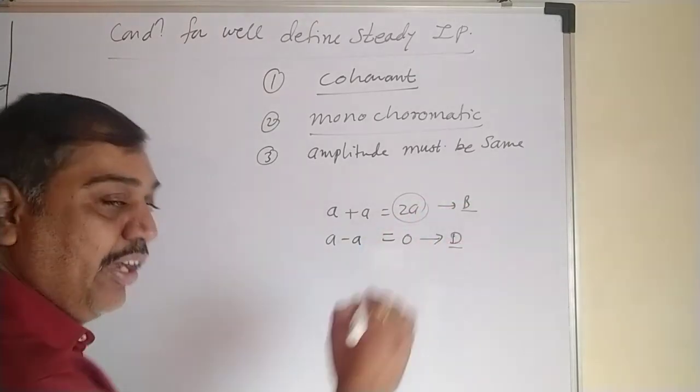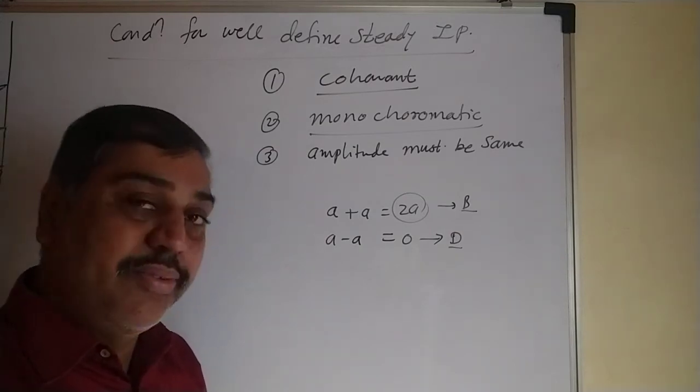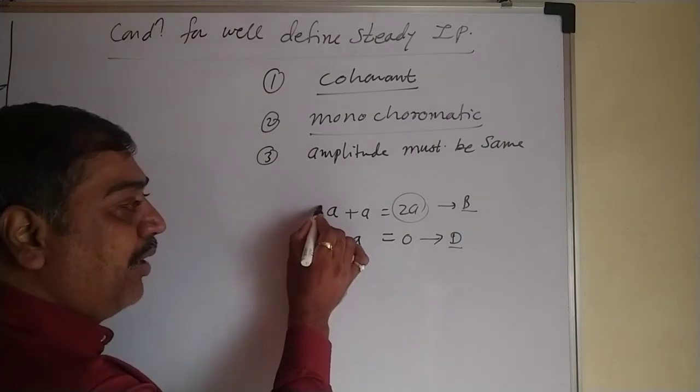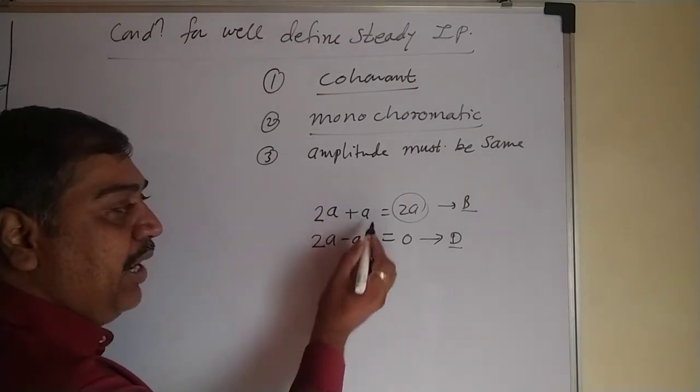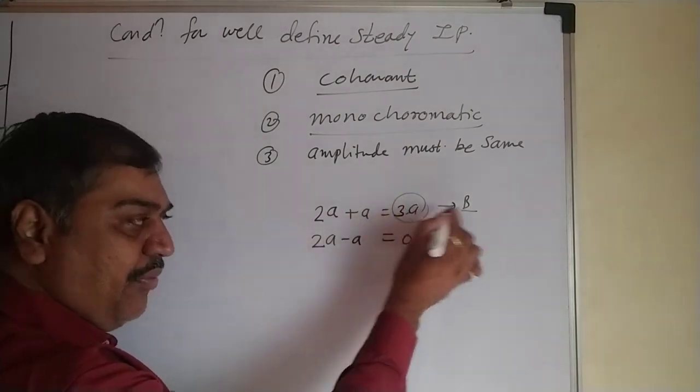Perfectly bright and perfectly dark points are possible only when the two waves coming from the two sources have the same amplitude. Suppose the first wave has amplitude twice A and the second has amplitude A. Twice A plus A, constructive interference, comes to be thrice A, definitely a bright point.